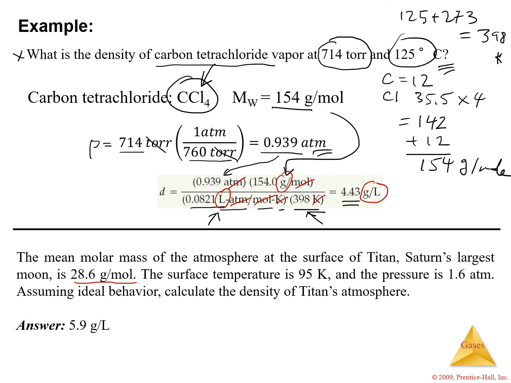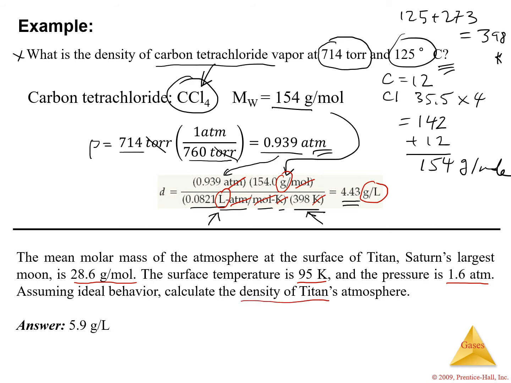So the average molecular weight of the gas on Titan is given to you. The temperature is given to you in kelvins already. Atmosphere pressure in atmosphere units is 1.6. So the question is to calculate the density.